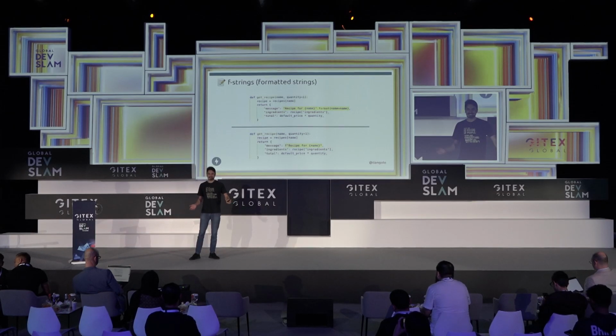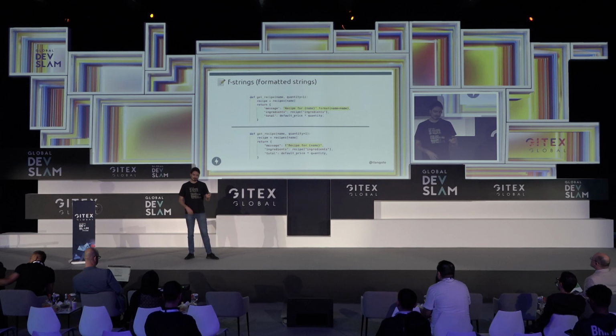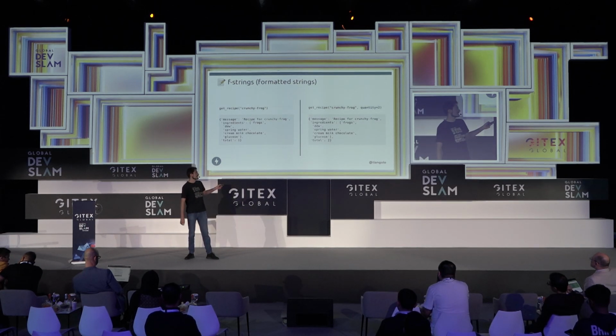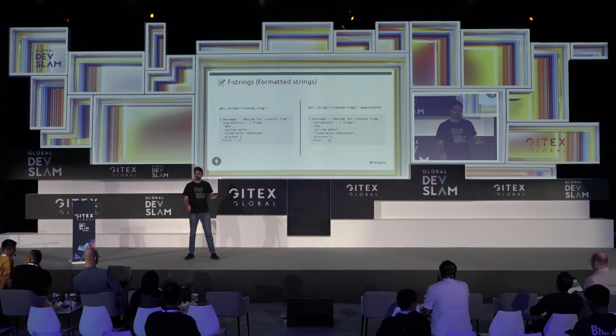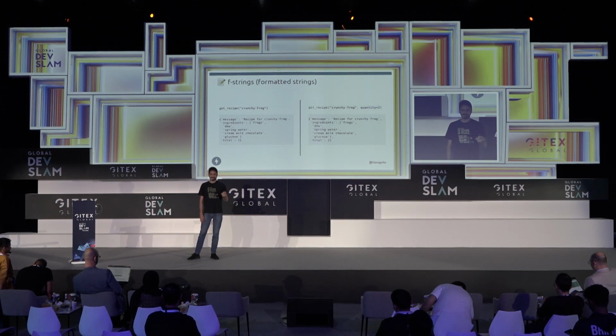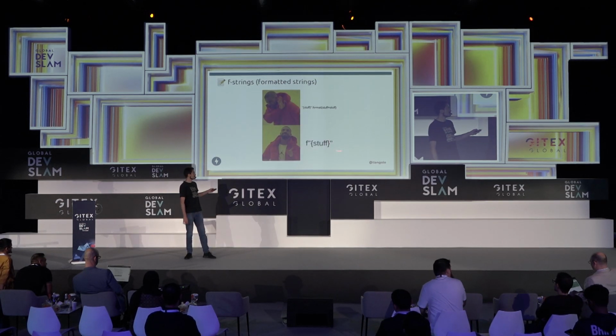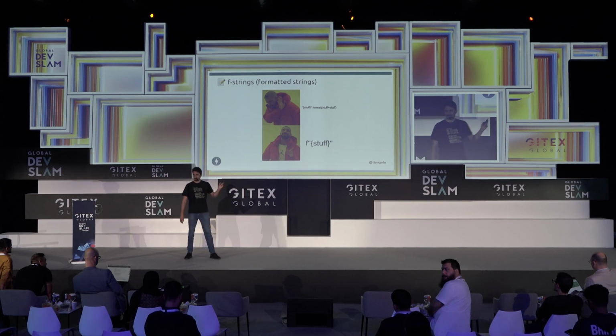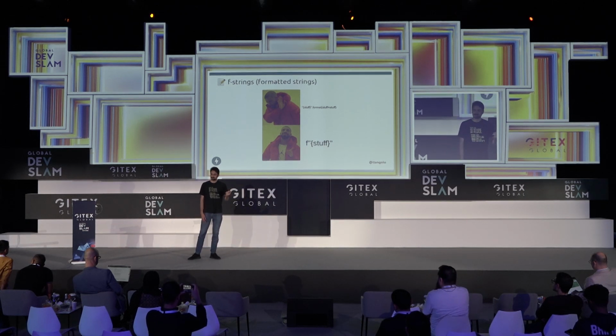This is an f-string. That's all there is to it. It's much simpler, and we reduce the amount of duplication of information. So that's great. And if we call it, it just works the same. If we put a quantity, again, it just works the same. So nice. That's it for f-strings. And now we can have simpler stuff and not all this complexity that we had before, which is very cool.